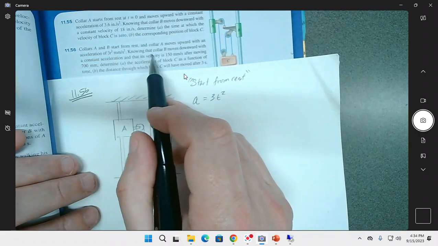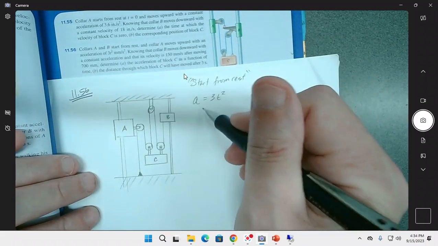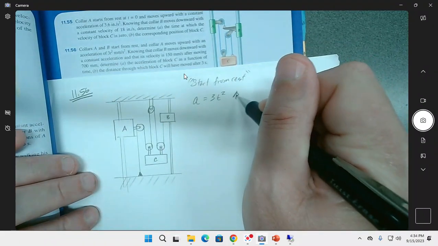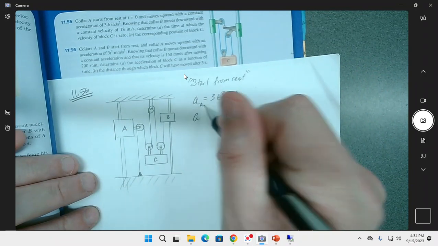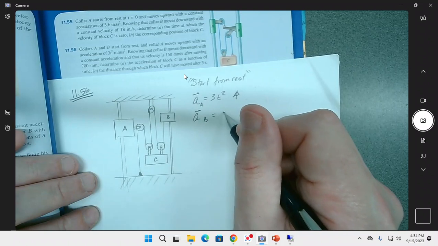Knowing that collar B moves downward with a constant acceleration, and A is upward.